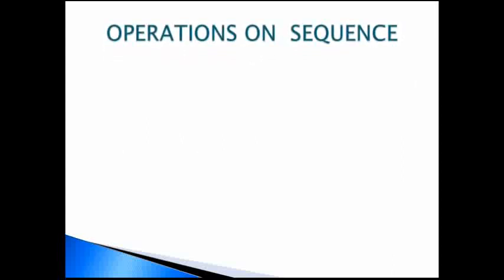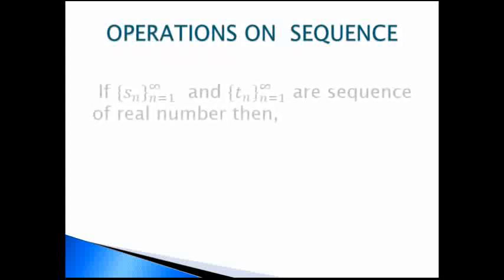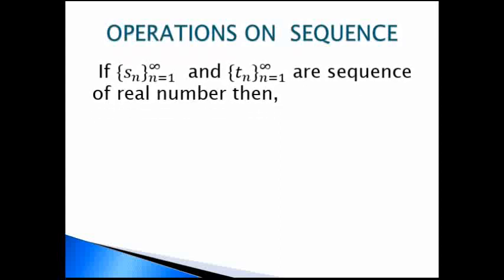Next, operation on sequence. Let sequence Sn, n equal to 1 to infinity, and sequence Tn, n equal to 1 to infinity, be two sequences of real numbers. Then the sum of two sequences, difference of two sequences, and product of two sequences are also sequences.